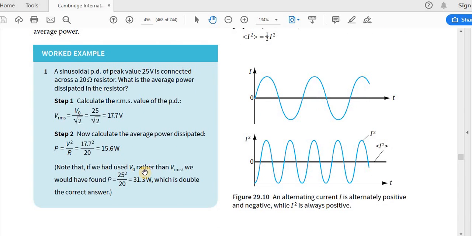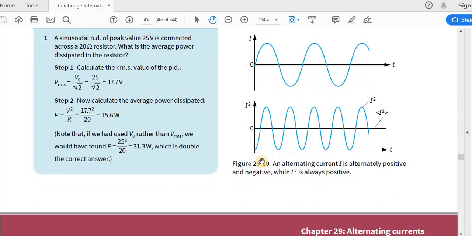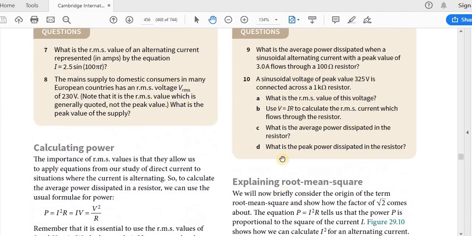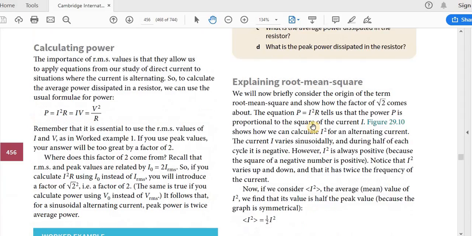Note that if we had used V0 rather than V r.m.s, we would have found P equals 25 squared over 20, 31.3, which is double the correct answer. You see, this is double this one, approximately. So again, answer all these questions.